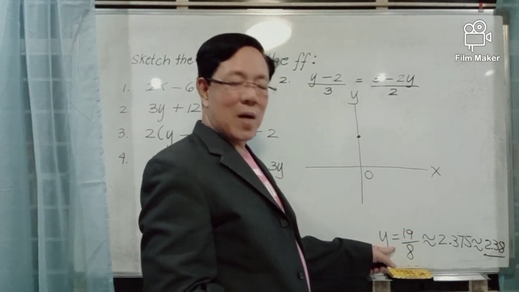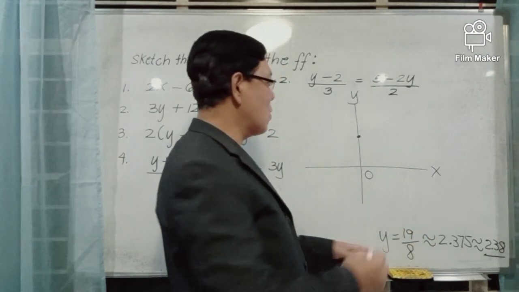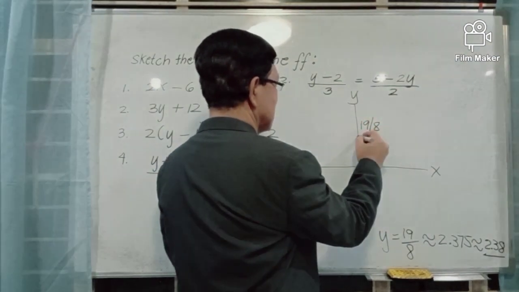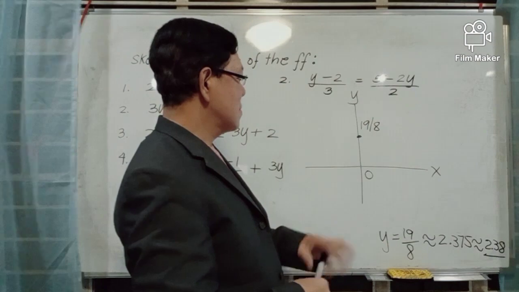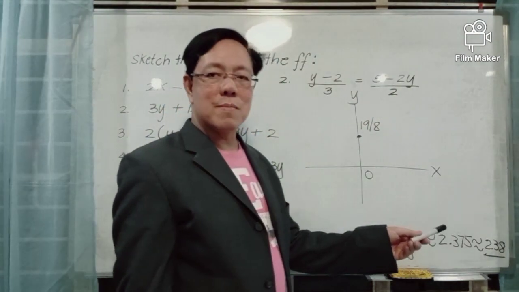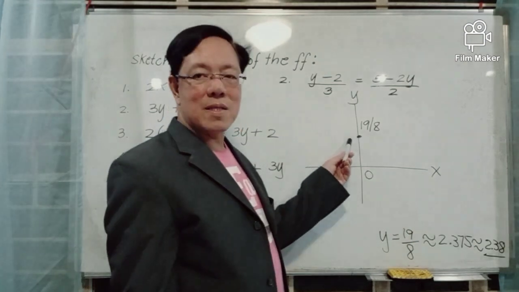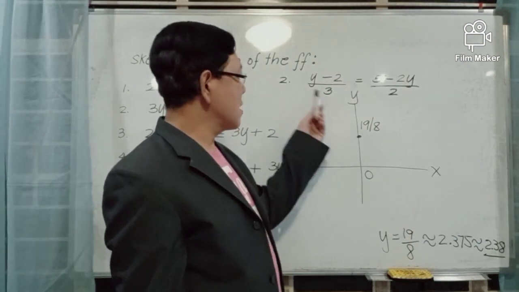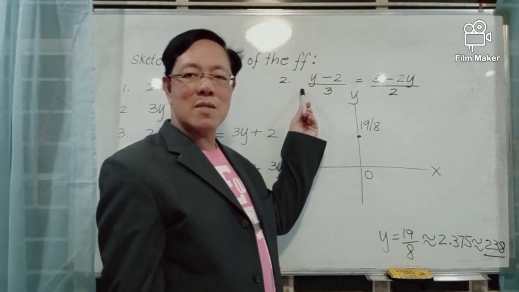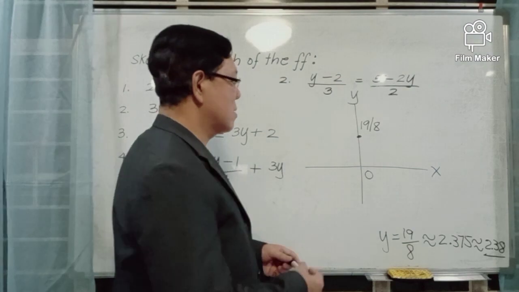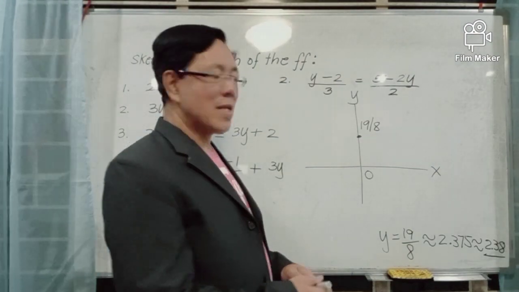In fraction, it's 19 over 8. You can denote this point by 2.38 as long as the point has a label. And we now construct the horizontal line. The graph of a linear equation in y is a horizontal line that will pass through this point, y equals 19 over 8.